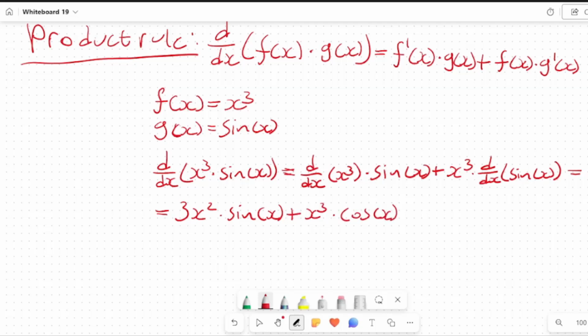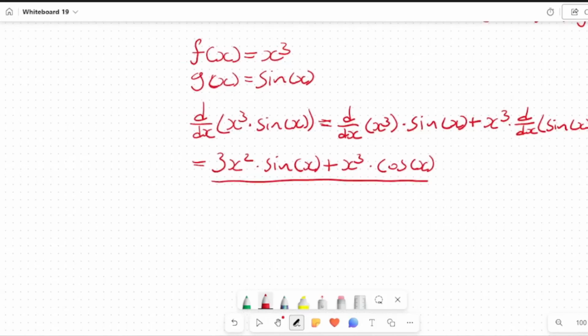And that's going to be our derivative. So that is a function that describes the rate of change of our initial function x cubed times sine of x. But this is, of course, only a quite easy example.